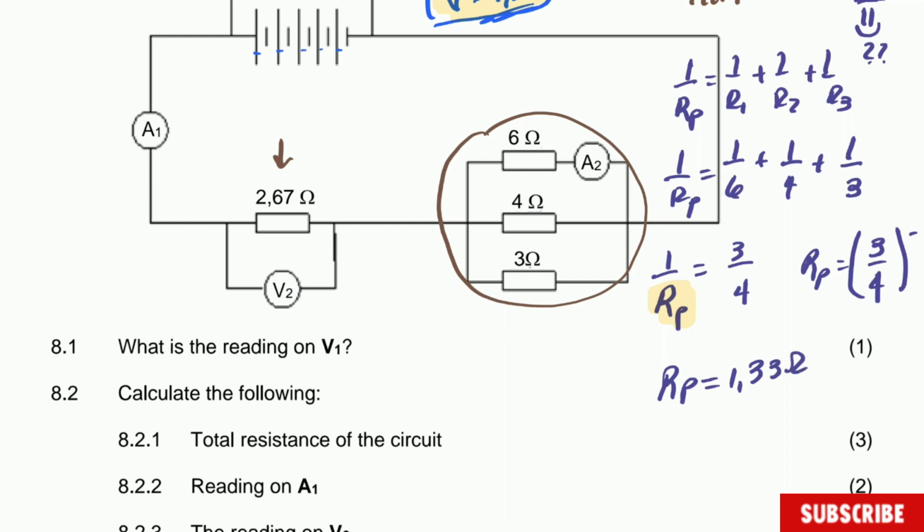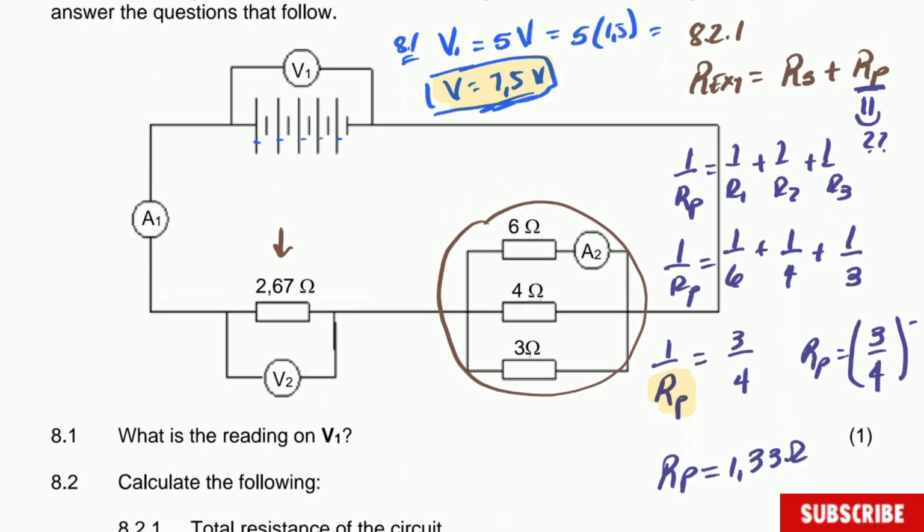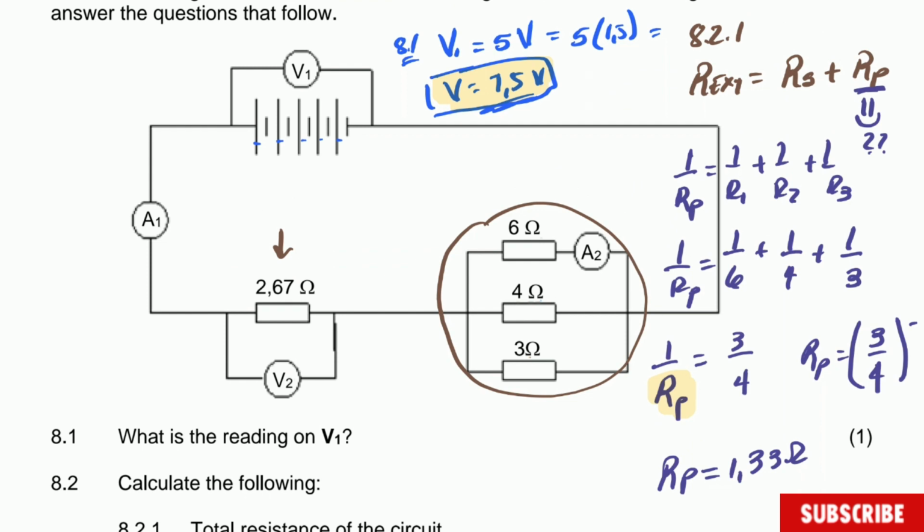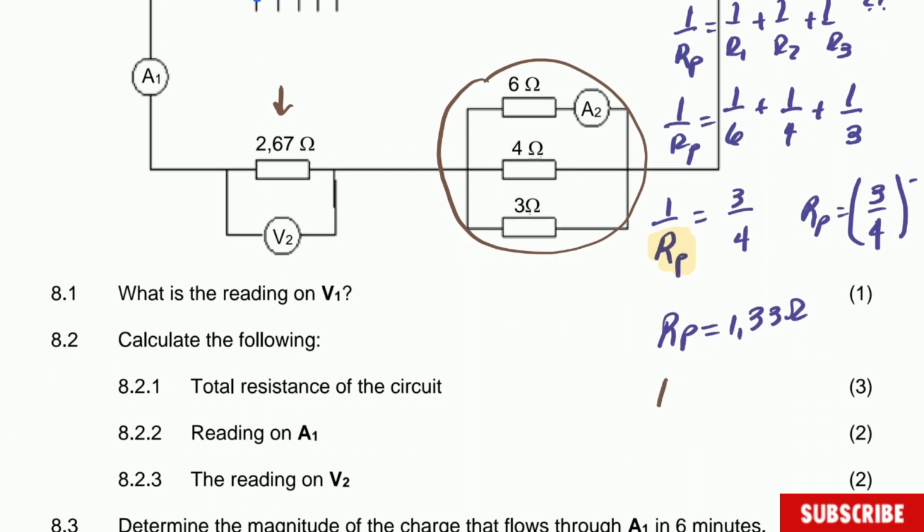Now we come here and we substitute in the formula for the R external. So R external is equal to RS, which is 2,67 plus 1,33. So the R external is equal to 4 ohm. So this one will give you 4 ohm.